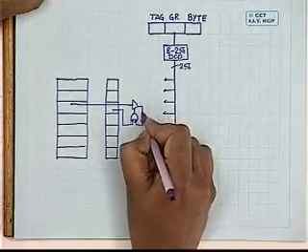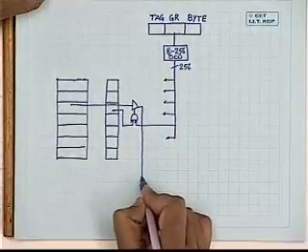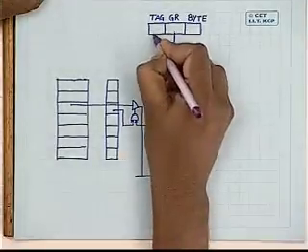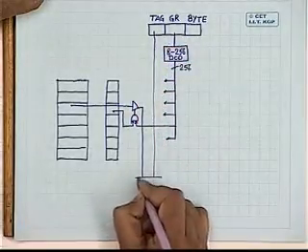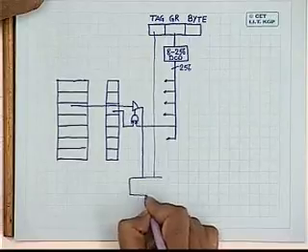So I have to compare this buffer output with the tag field. So here what I have is a 5-bit comparator.